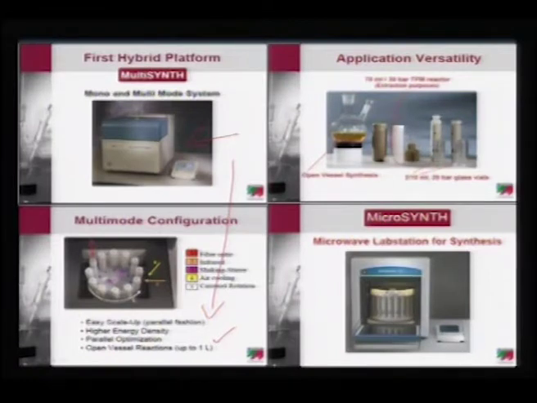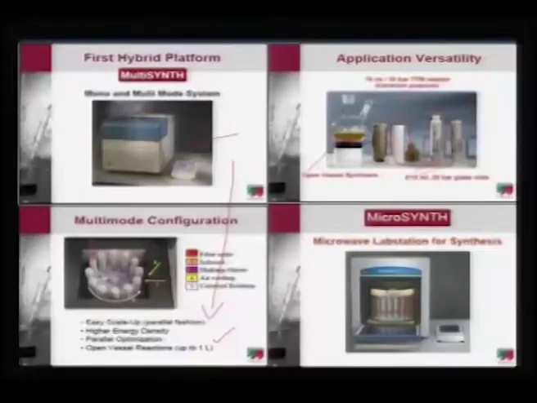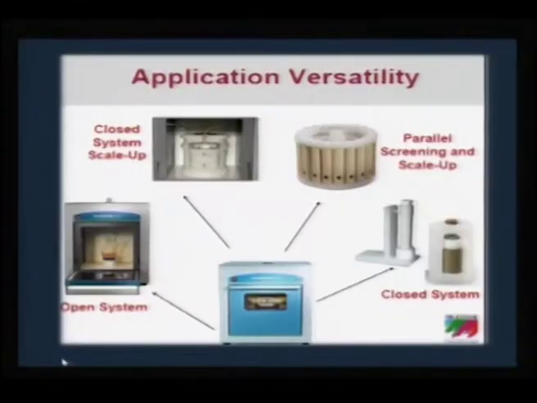These are Teflon bombs that can be used for high pressure vessel studies. As you can see, this can be kept inside a bomb and then can be mounted here. So, this looks more like a lab station, where you can have a parallel synthesis of several units of your sample tubes placed simultaneously, and therefore you can scale it very easily.